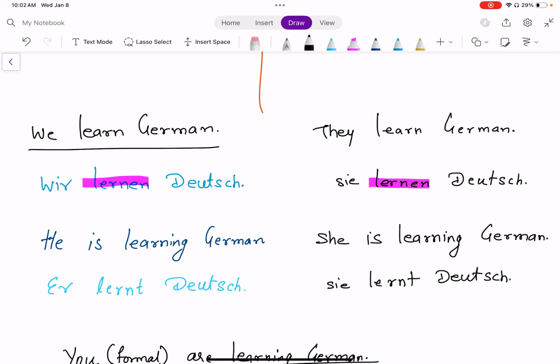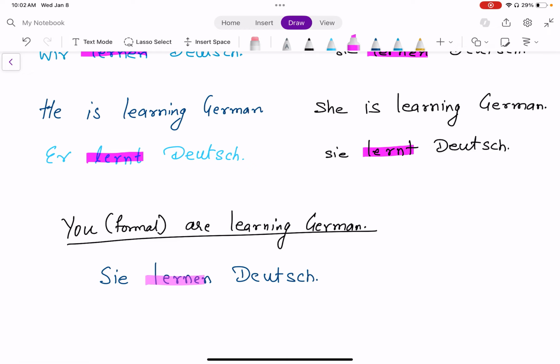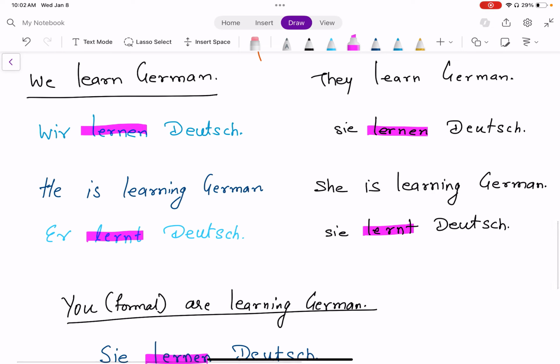Sie lernen Deutsch. With she, we used the verb as lernt. Here, we used lernen. Now, here you will notice the spelling of the verb is changing with respect to the subject.